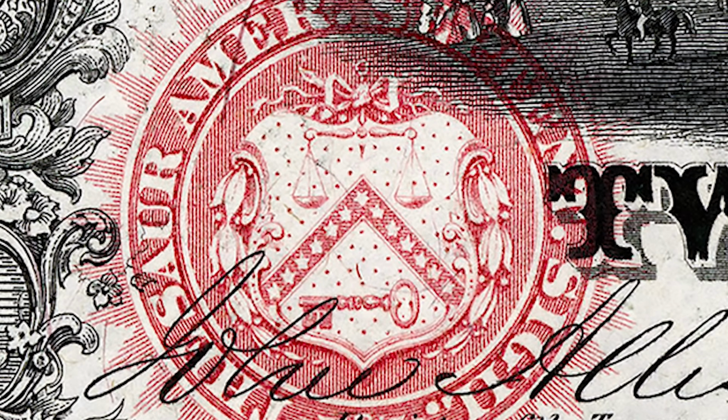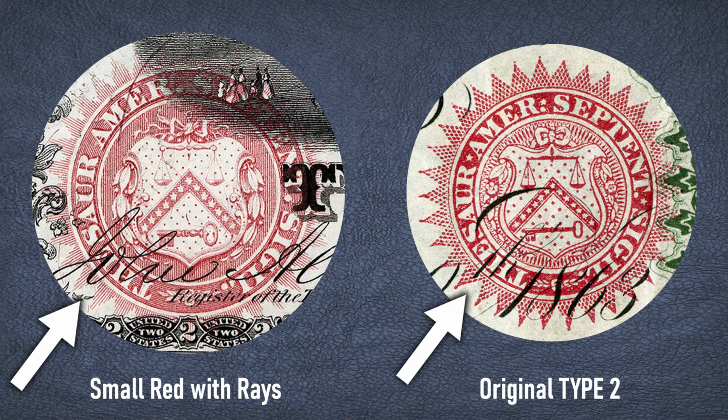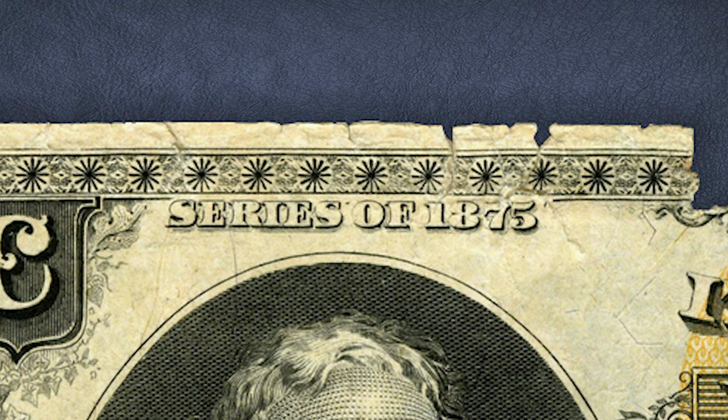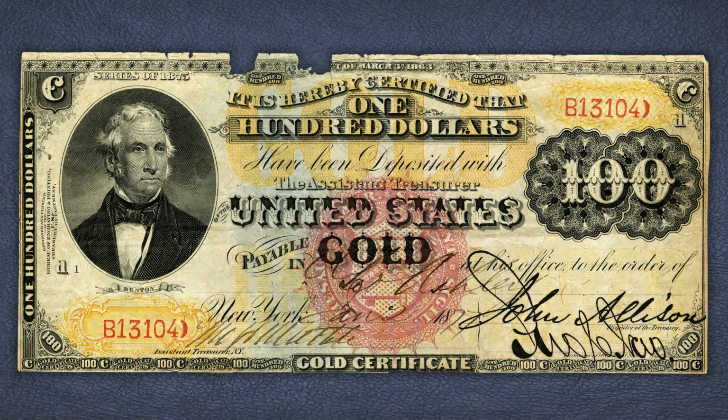It has lines radiating out to form the perimeter and vertical lines for the center background design. The small red seal with rays is almost a 1/4 inch larger than the previous original Type 1 and Type 2 seals.